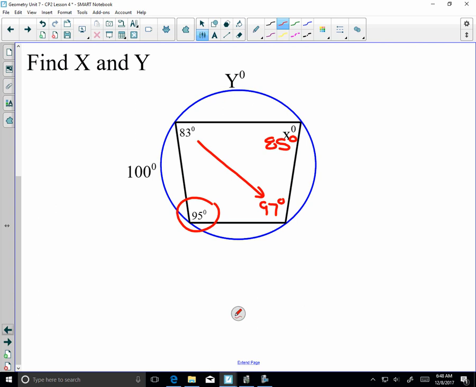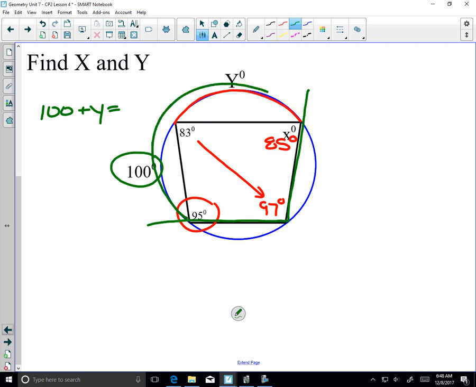Now, how can we find the measure of the arc Y? We have to find something that connects to it. And always understand, if you're given information, there's usually a reason for it. So we want to look at our inscribed angle that includes the 100 plus Y. So now we've got that arc on the outside of the circle, the 100 plus Y arc.